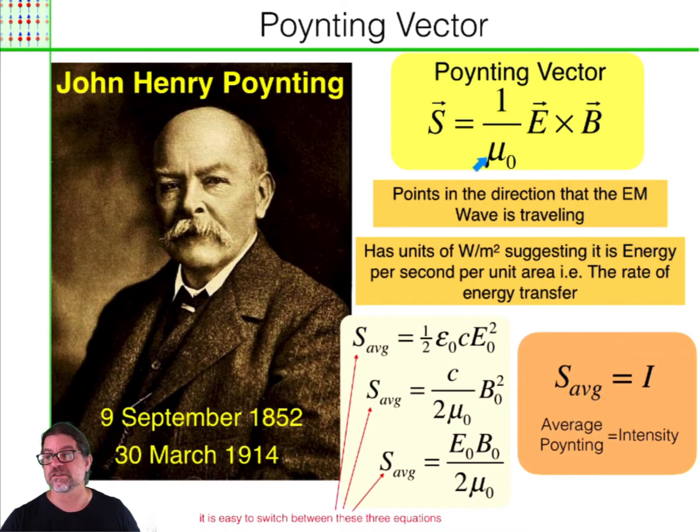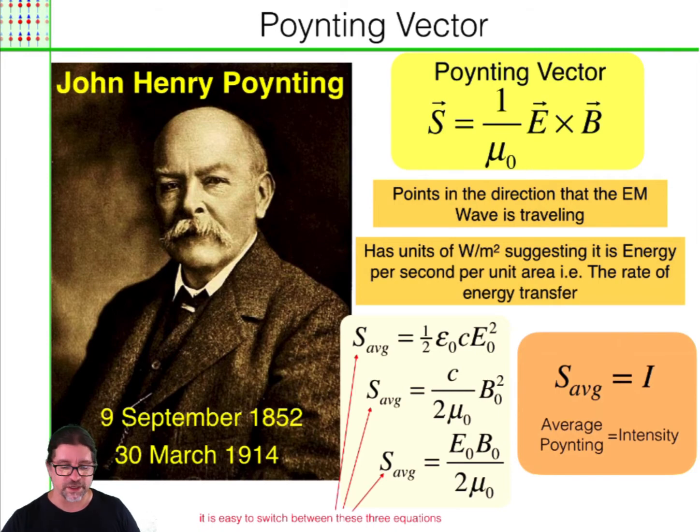You can do a derivation where you average this out over a wavelength, and you can get the average value for an electromagnetic wave. It's either 1/2 epsilon naught c times the magnitude of E squared. If I replace the magnitude of E with the magnitude of B, I can rewrite it like this, or I can have one of each. All 3 of these give you the same result, but it is the average intensity carried by an electromagnetic wave.